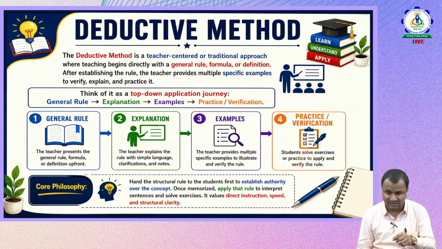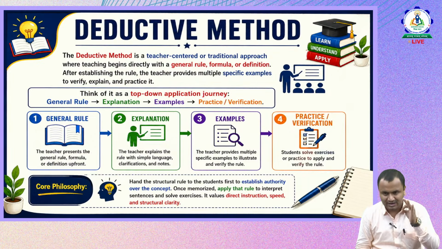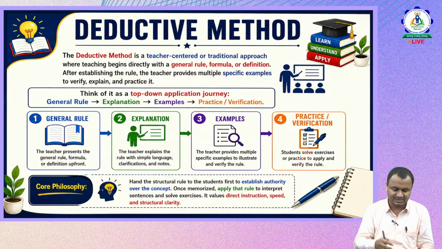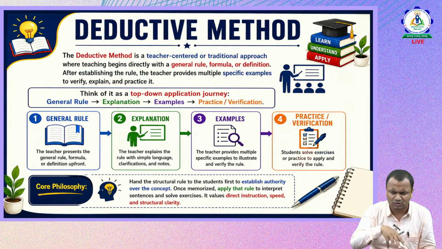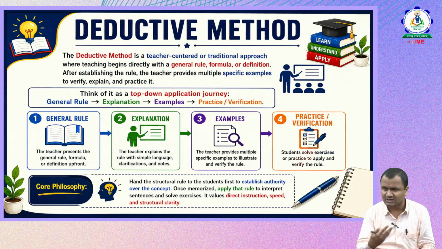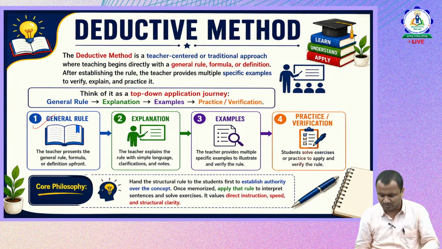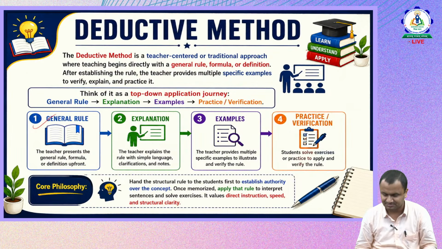So in deductive method, we start from the unknown general rule, unknown formula, unknown grammatical aspect, abstract concept, and then lead towards the known thing which the student can see in their environment, in the classroom, on their wall. So we start with general rule and set the formulation of verification and practice of the particular concept.